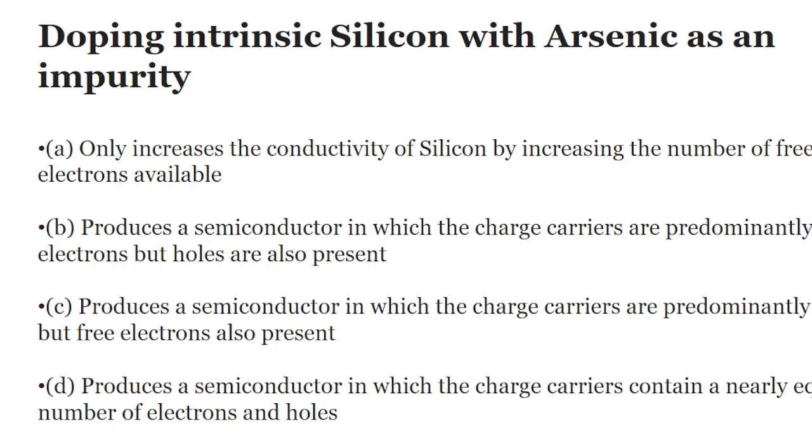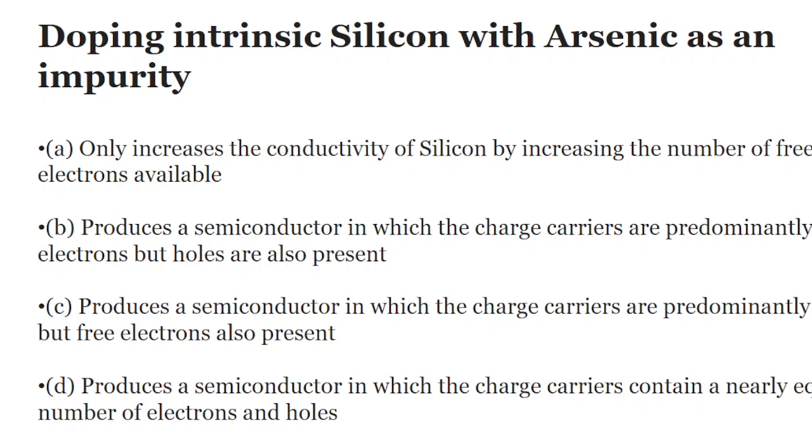Doping intrinsic silicon with arsenic as an impurity: only increases the conductivity of the silicon by increasing the number of free electrons available, produce a semiconductor in which the charge carriers are predominantly electrons but holes are also present. Option C is produce a semiconductor in which the charge carriers are predominantly holes but free electrons are also present.